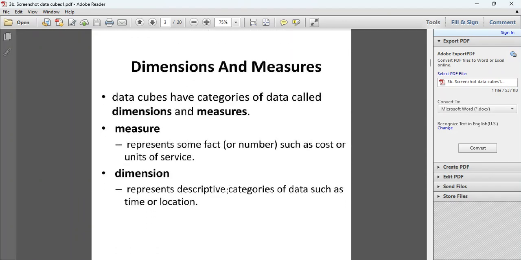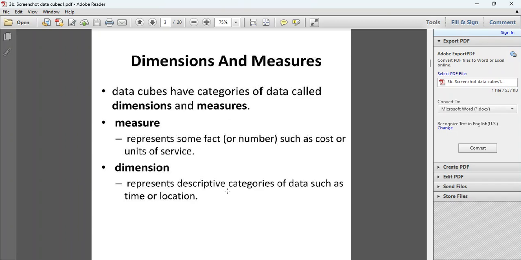We see dimensions and measures. What is a dimension? Dimensions and measures are the tables here. Dimensions are nothing but dimension tables, which contain descriptive or categorical data. Measures contain fact data, which is quantitative data, meaning numeric data.